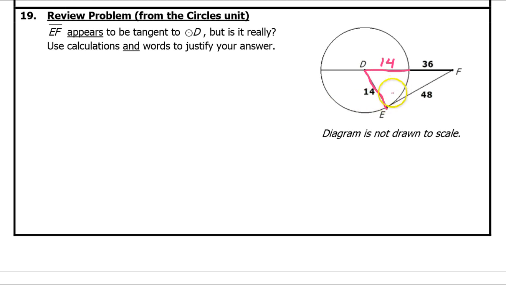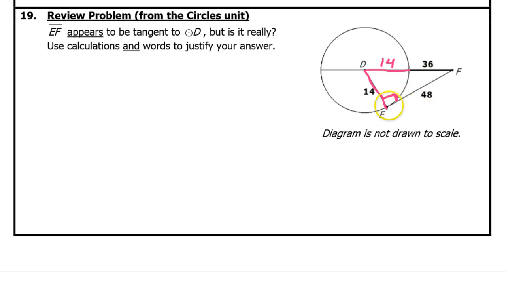And here's why. If EF is indeed tangent to the circle, then this should be a right triangle, because one of the properties of a tangent is that a tangent is always going to be perpendicular to the radius.